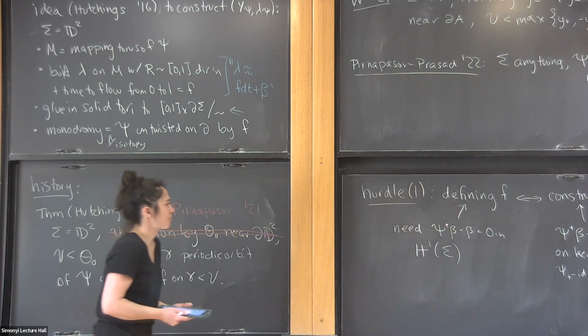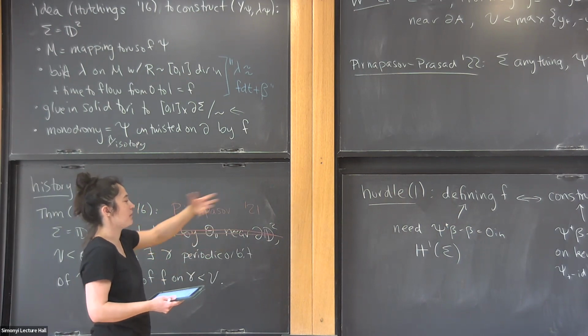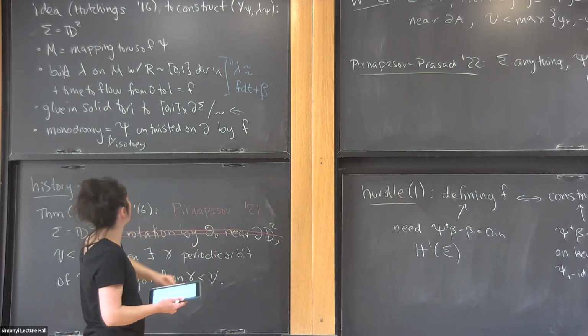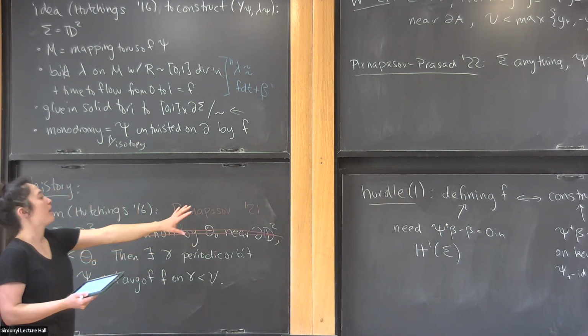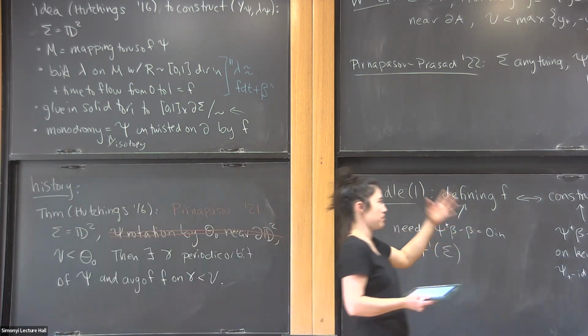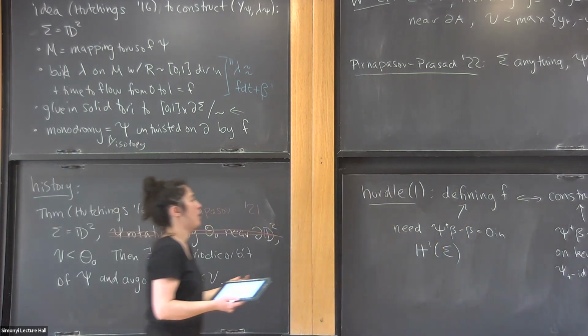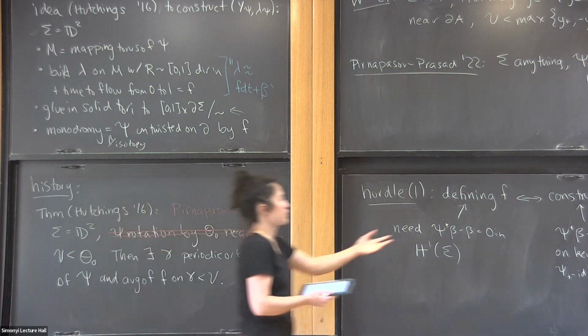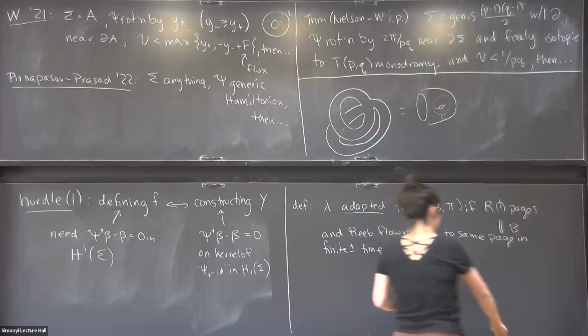And it is very natural, right? Because defining F and constructing Y are two sides of the same coin, and it's nice that I accidentally put this on the same board.